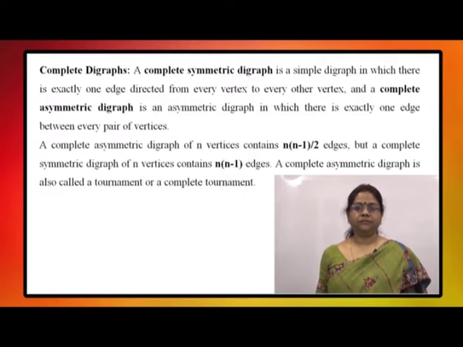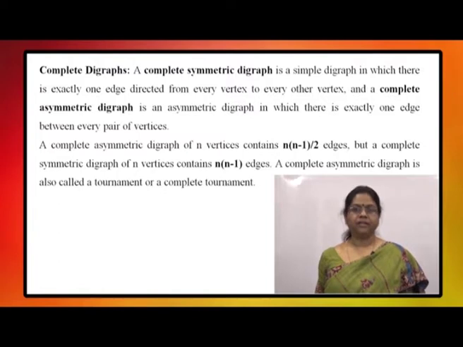Now, with the definition of symmetric digraph in hand, we define a complete digraph. A complete digraph is of two types. One is a complete symmetric digraph, which is a simple digraph in which there is exactly one edge directed from every vertex to every other vertex.